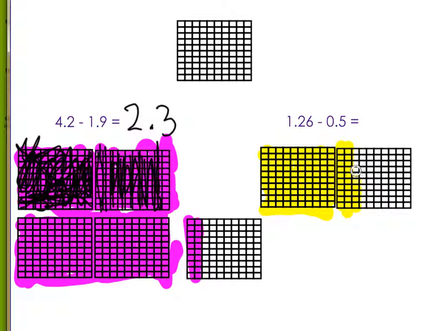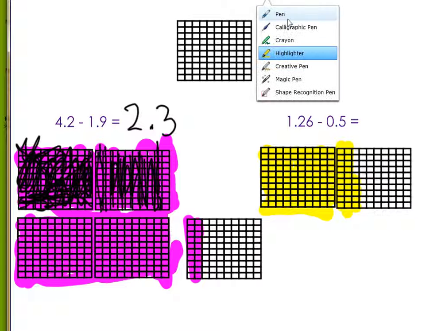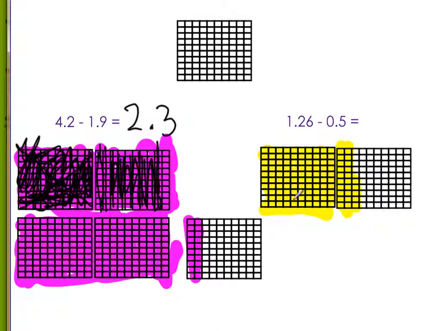Come on. And then it shows me that I need to get one square there. So I have 6. There we go. This is 1 and 26/100. I'm going to take away 5/10. So I'm going to use the black again. I'm going to cross off 5 whole columns. 1, 2, 3, 4, and 5.